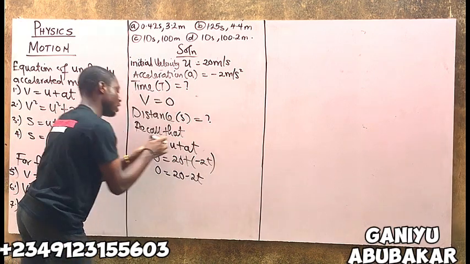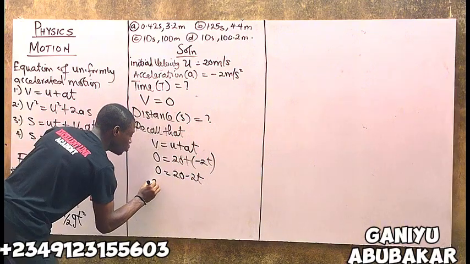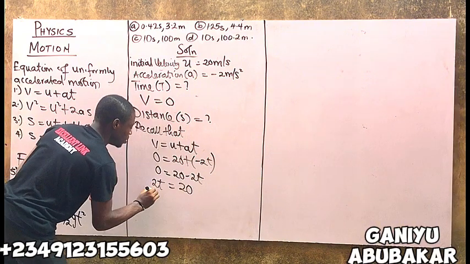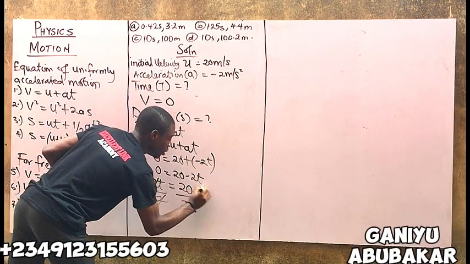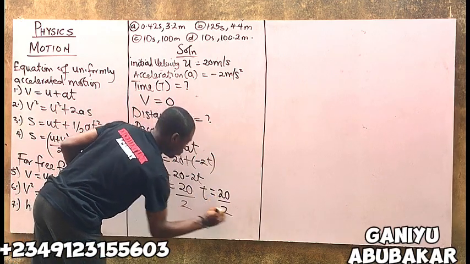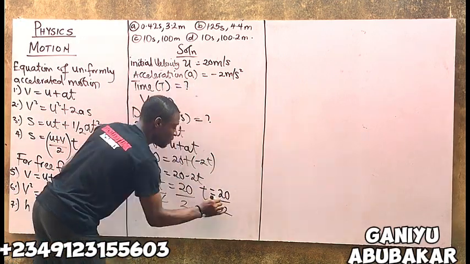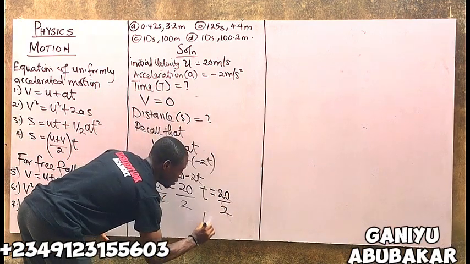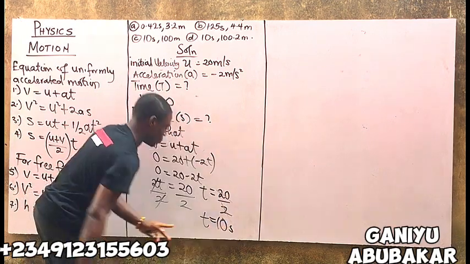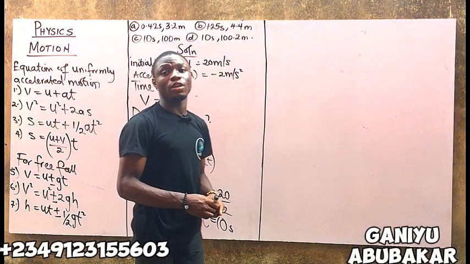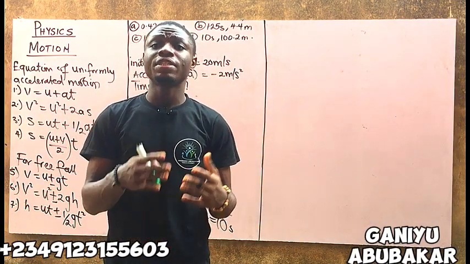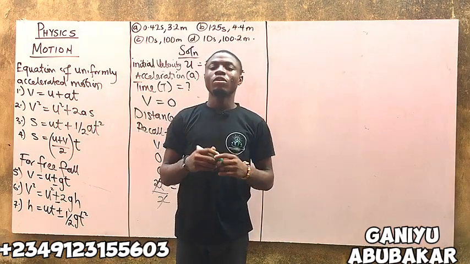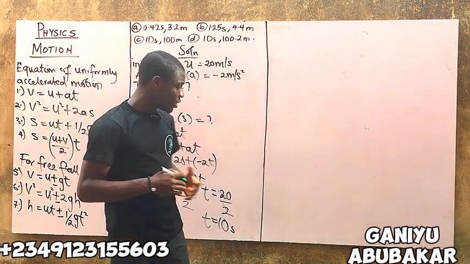Taking minus 2T over becomes plus 2T, so 2T is equal to 20. Divide by 2, divide by 2. So T is equal to 20 over 2, that is 10 seconds, because time is in seconds. So I've actually gotten the time.